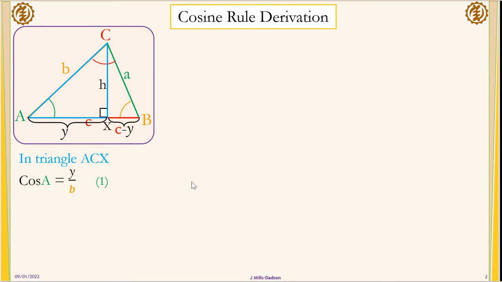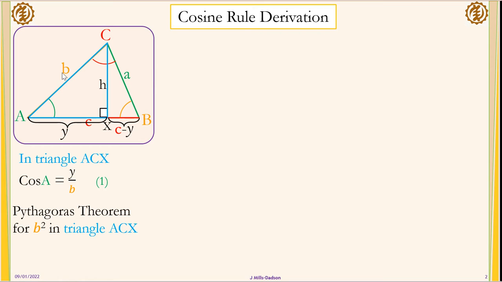So let's focus on triangle ACX. Cos A is adjacent over the hypotenuse, so that is Y over B, and I call this equation 1. Now I'm going to use Pythagoras theorem in still the same triangle ACX to work out what is B squared.